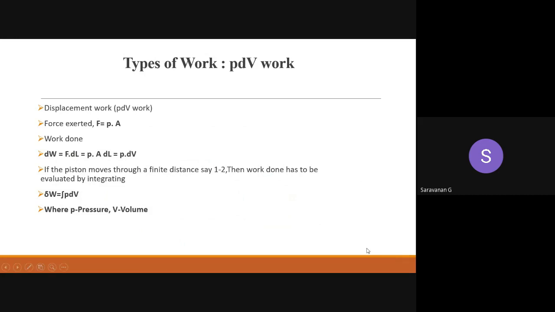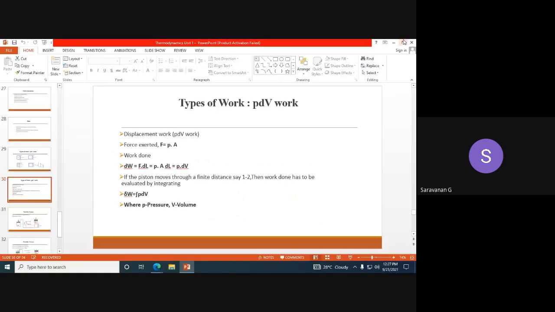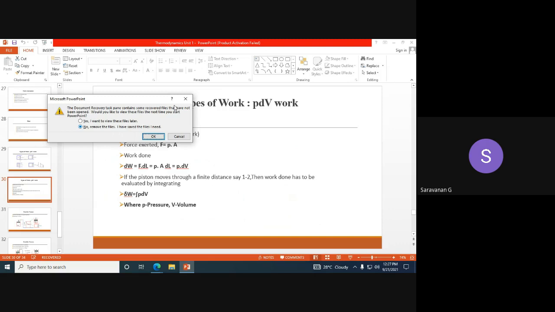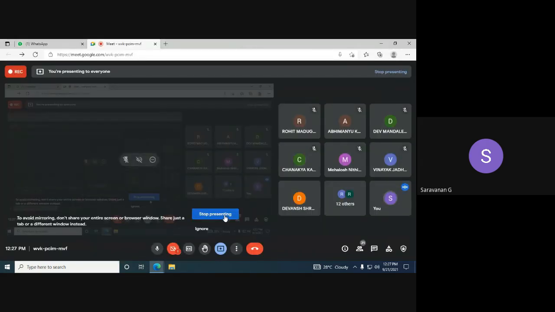So this is all about today's session on the quasi-static process, QS process, the types of processes, and the work and heat interactions, sign convention of energy: work and heat are both energy forms.